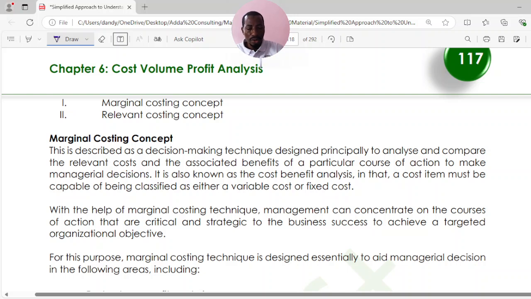With the help of marginal costing technique, management can concentrate on the courses of action that are critical and strategic to the business success to achieve a targeted organizational objective.